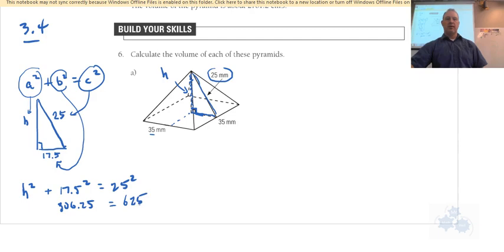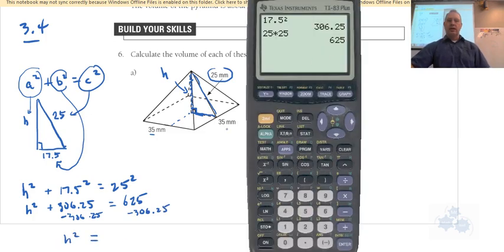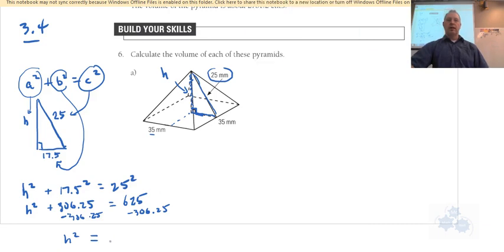That's 625. And then we've got our h squared here. So I need to get h all by itself. So let's subtract 306.25 from both sides. Then I'll have h squared all by itself. So let's see. 625 now minus 306.25 gives us 318.75.